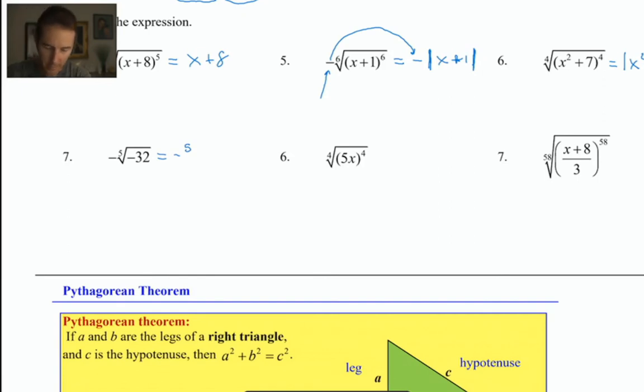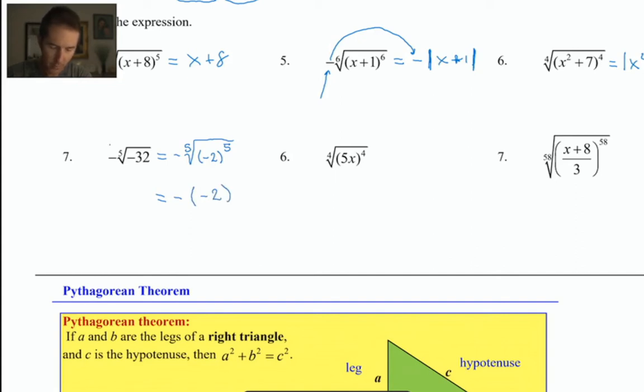All right, so I've got negative, and there's the fifth root, the index of 5, and underneath my radical, my radicand, I'm going to write that as negative 2 to the fifth power. Now let's start applying our rules. When we have an odd index like this, the index and the exponent cancel each other out, leaving us just with the negative 2.